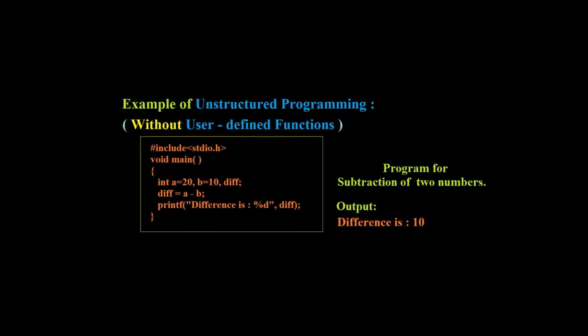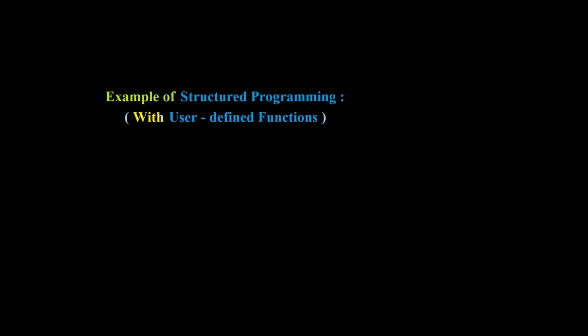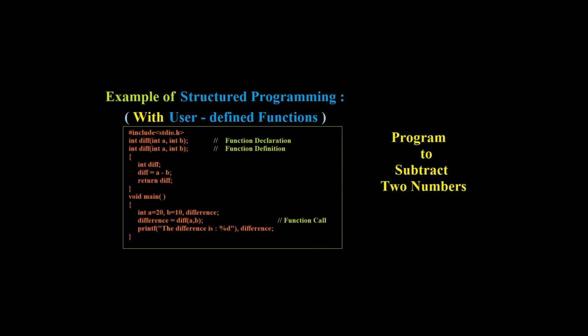Let us move on to the next type, which is structured programming, where user-defined functions are actually used. So here on the screen you can see this is an example of structured programming. In this you can see the difference. The main function comes afterwards, but before that we have to declare the user-defined function. As you can see here, the name of the function is diff and it takes two variables a and b.